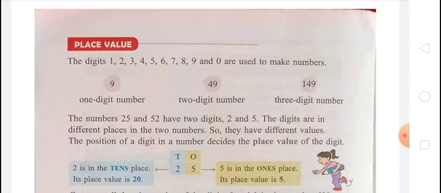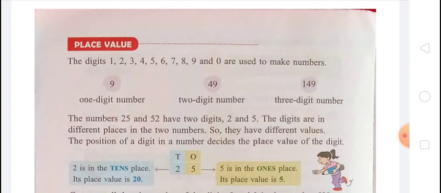Now we are revising chapter 1, numbers up to 200. Today our topic is place value.